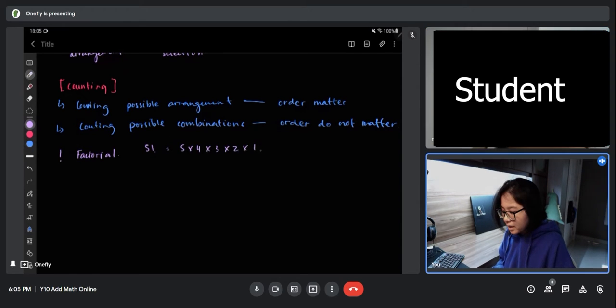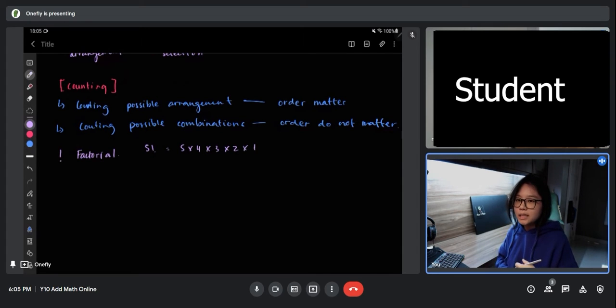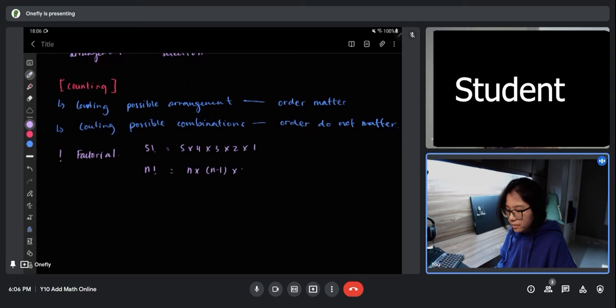Meaning we are multiplying a number and every other number smaller than it up until 1. As a general formula, n factorial means we have n times n minus 1 times n minus 2 all the way until we get 1.